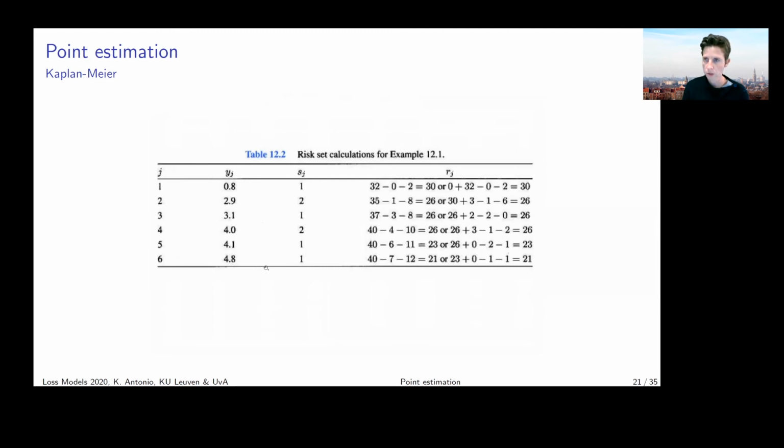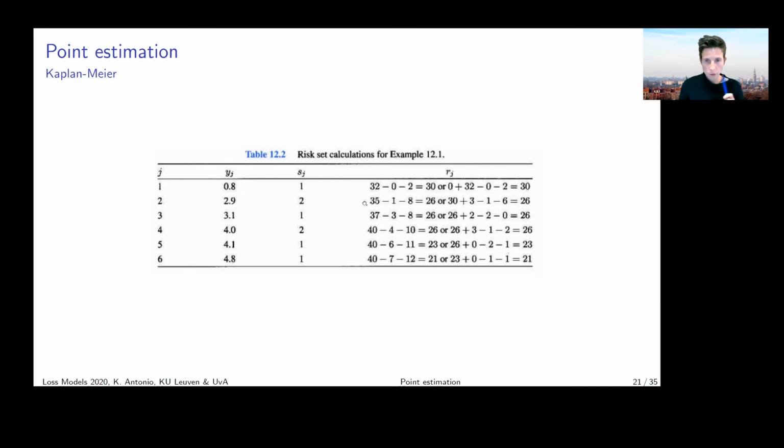So these are listed over here. In the second or third column, I should say, we're just going to count how many of these events actually took this particular value for this outcome of interest. And then here in the last column, you're going to denote the risk set. So let's do one. R1 would be the risk set that corresponds to outcome 0.8.